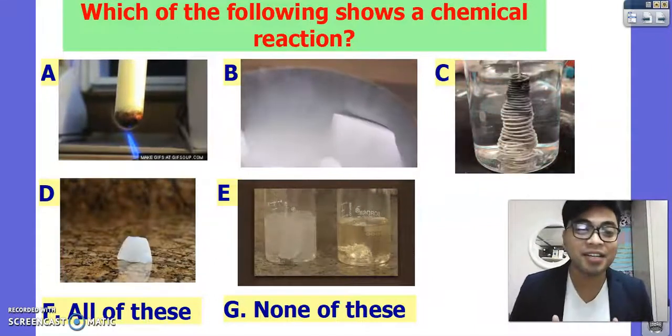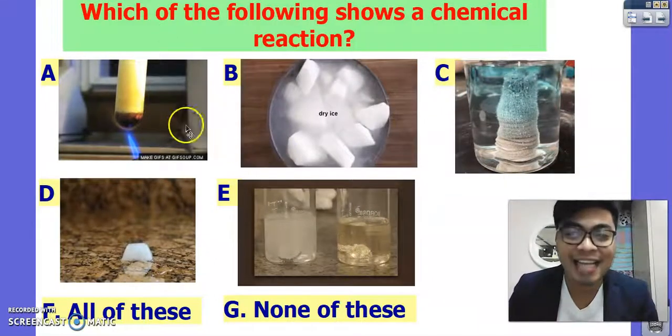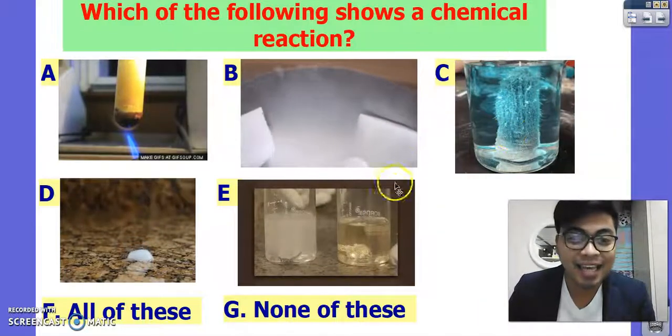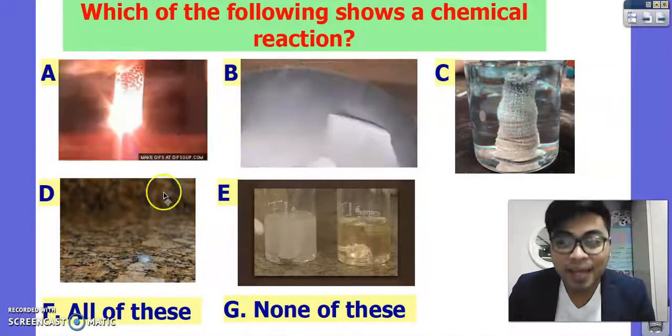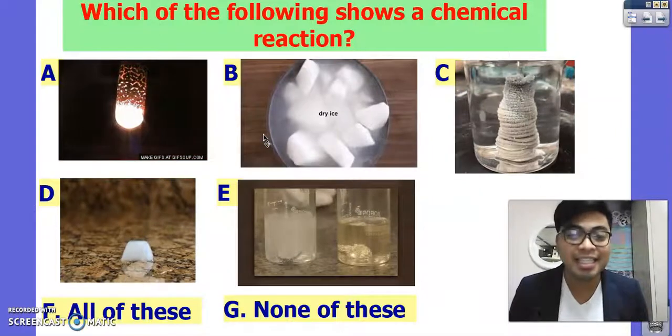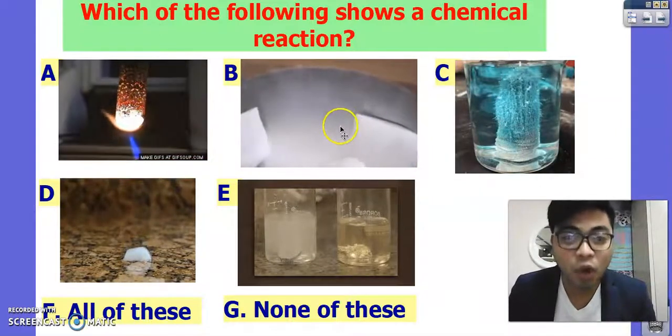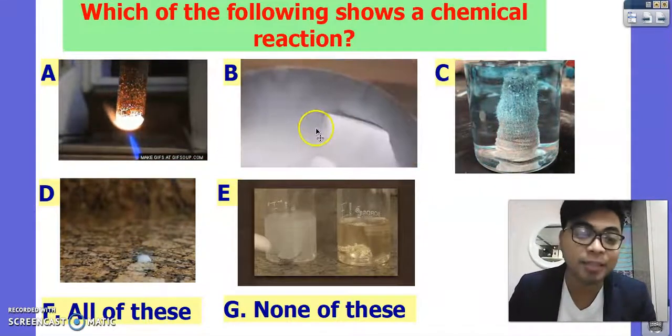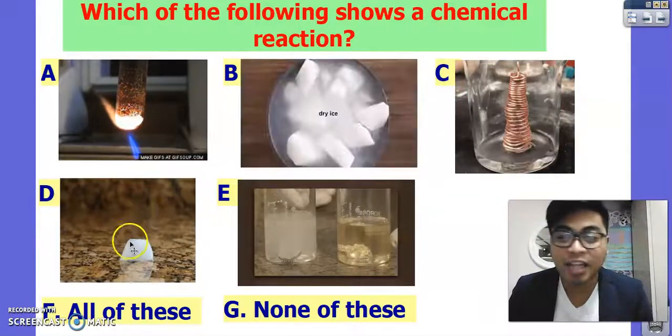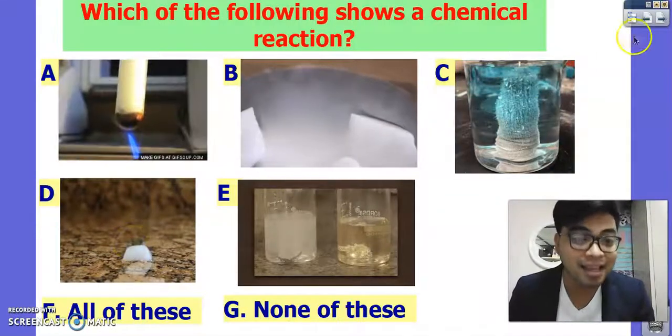You have the answer? The correct answer here is A, C, and E. B and D are just changed in the state of matter from solid, this one becomes gas. We call this process as sublimation, and this one is simply melting.